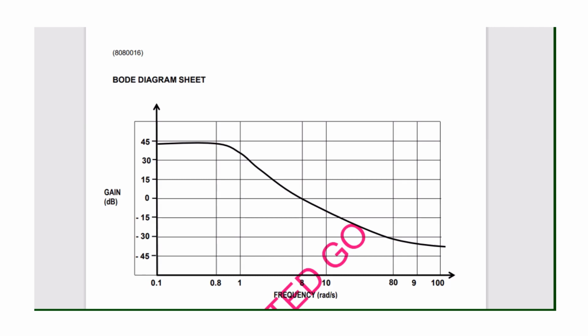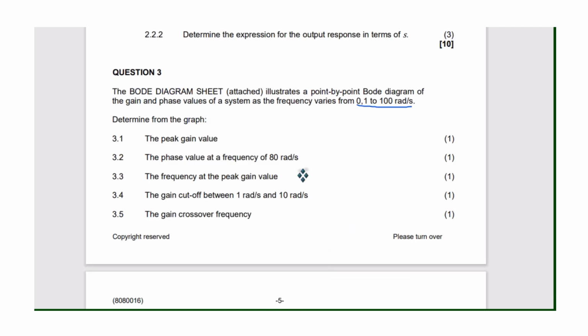If this is 30, half of the way between 30 and 45 is 7.5 more, so it looks very close, so let's say 43 decibels. Your answer should make sense. You can't say 40, that's way below. And when they mark, they are not too strict because it depends on how you read the question. So this is 43 decibels.